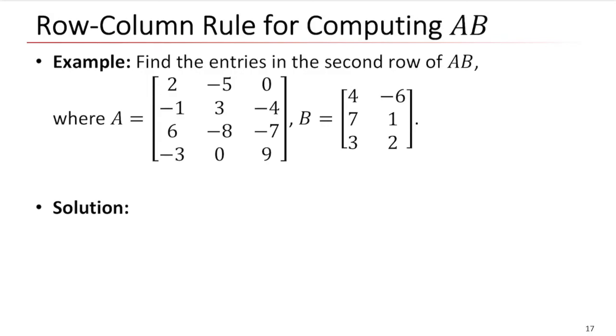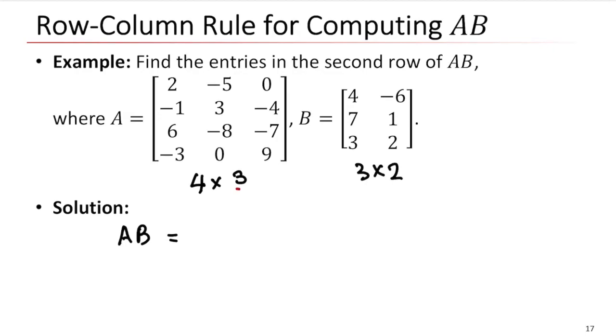Okay, let's see the example. Find the entries in the second row of A times B, where A is something like this and B is something like that. First of all, what is the size of A times B? The size of A was 4 times 3, right? What about B? 3 times 2, right?